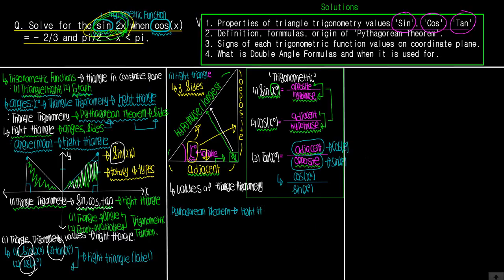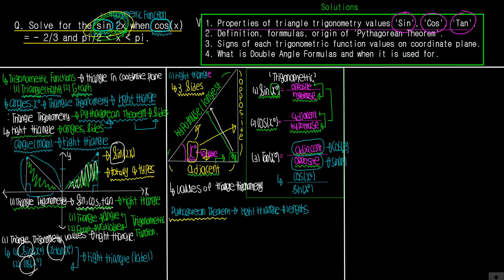And if you want to apply our trigonometric function values, what should we have? We need to have the lengths of our sides. But we don't have any lengths. What is the easiest way to get our lengths when an angle or one side is given? We need to apply our Pythagorean theorem.